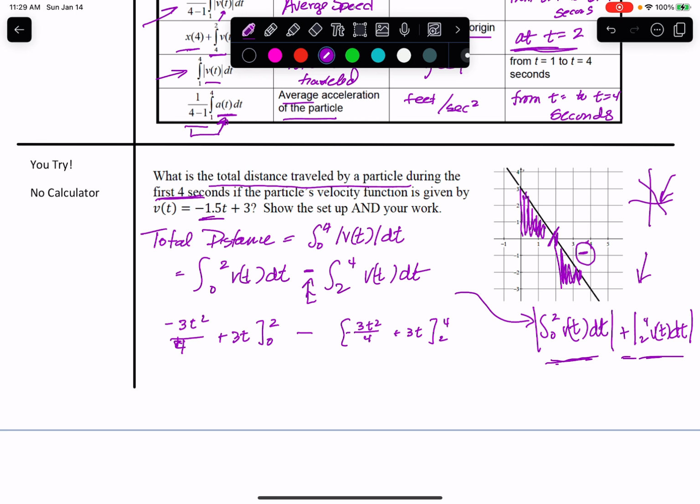And so you get, let's see, negative 12/4 plus 6, which is 3, minus, this is negative 12 plus 12 minus 3. So you get negative 3. So 3 minus negative 3 is 6. Okay, so that would be the right answer.